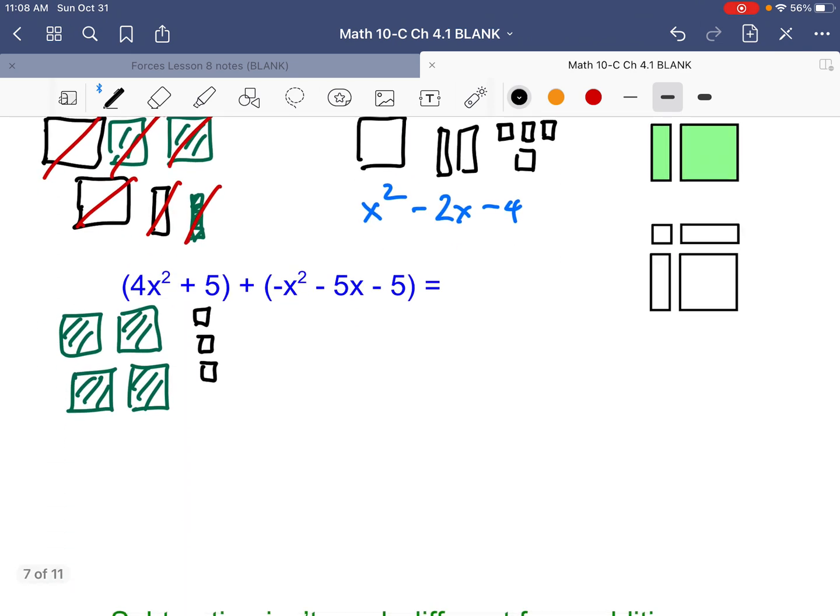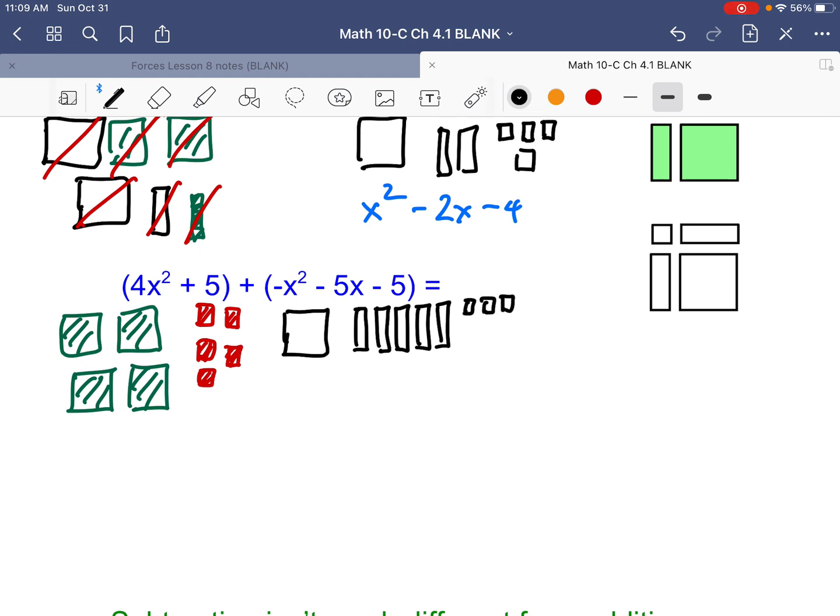Sorry, my apologies, getting old, can't remember my colors anymore. Now the minus x squared is hollow. Minus 5x, 1, 2, 3, 4, 5. Minus 5, 1, 2, 3, 4, 5.